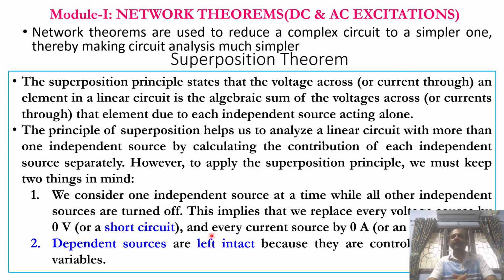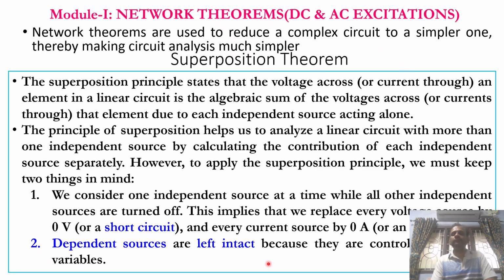So, when we are analyzing one voltage source, when there are many, the other voltage sources should be made zero and other current sources should be made zero. A voltage source can be made zero by short circuiting it and a current source can be made zero by open circuiting it. Dependent sources are left intact because they are controlled variables.